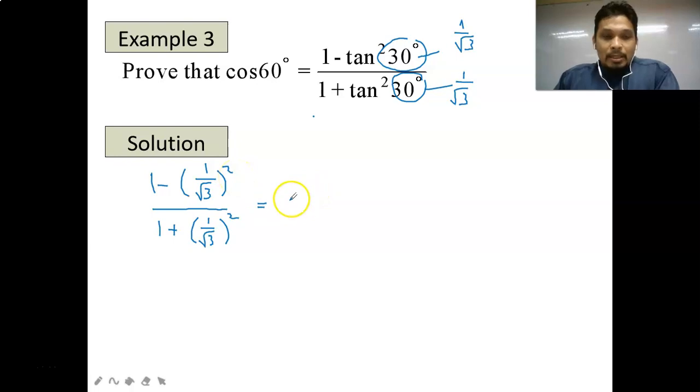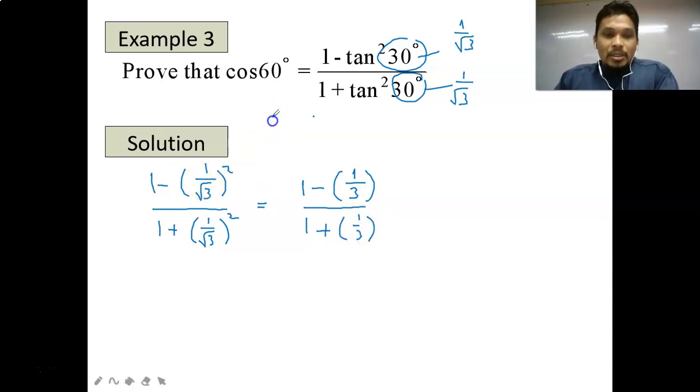So then it becomes 1 minus, okay, 1 squared equals 1, and square root of 3 squared equals 3, so 1 over 3, divided by 1 plus 1 over 3.